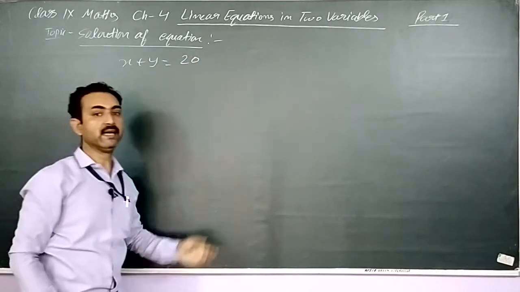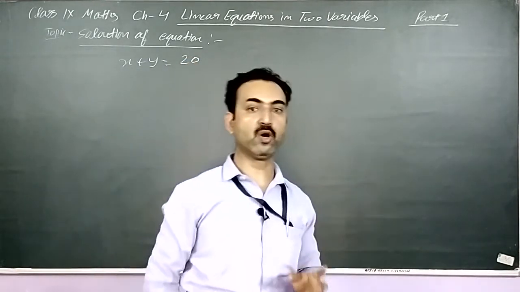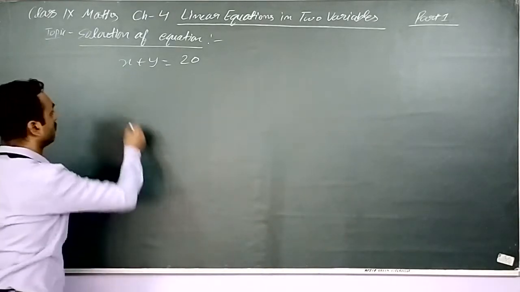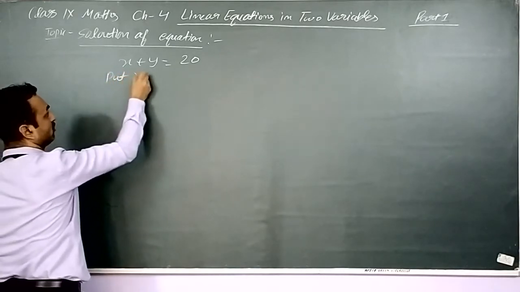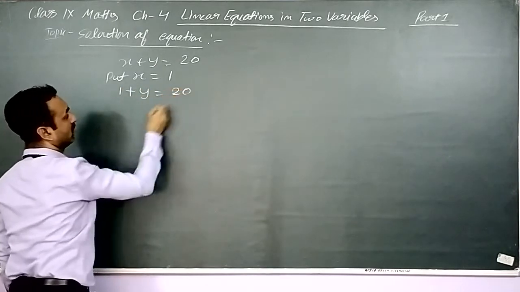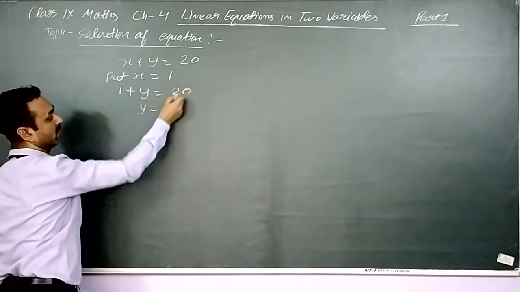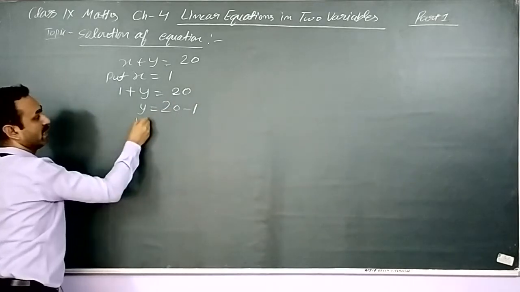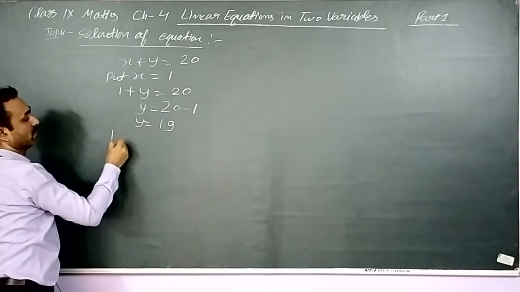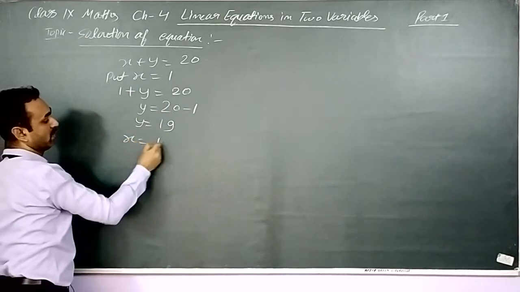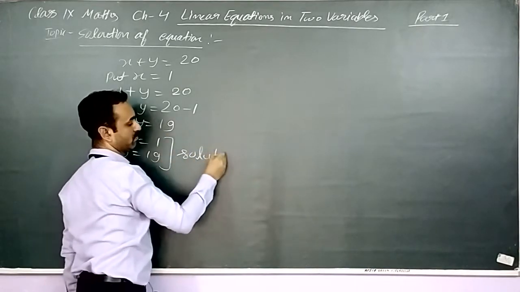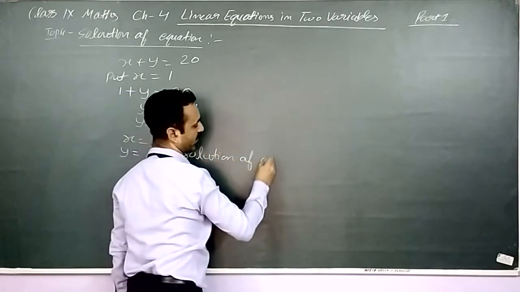It means we have to find value of both variables such that they satisfy the given equation. Suppose you put x equals to 1 here, then 1 plus y is equals to 20, and 1 will go that side, y equals to 20 minus 1. So y equals to 19. So x equals to 1 and y equals to 19 is a solution of the given equation.